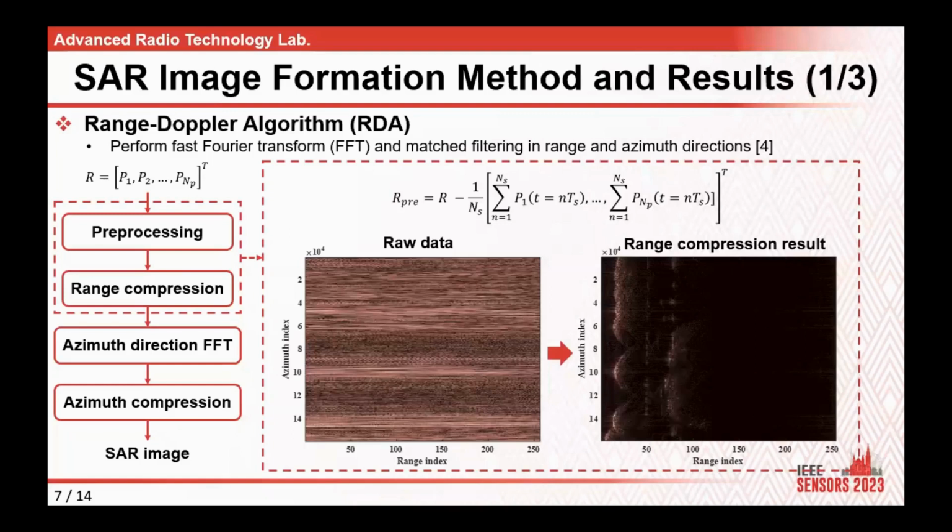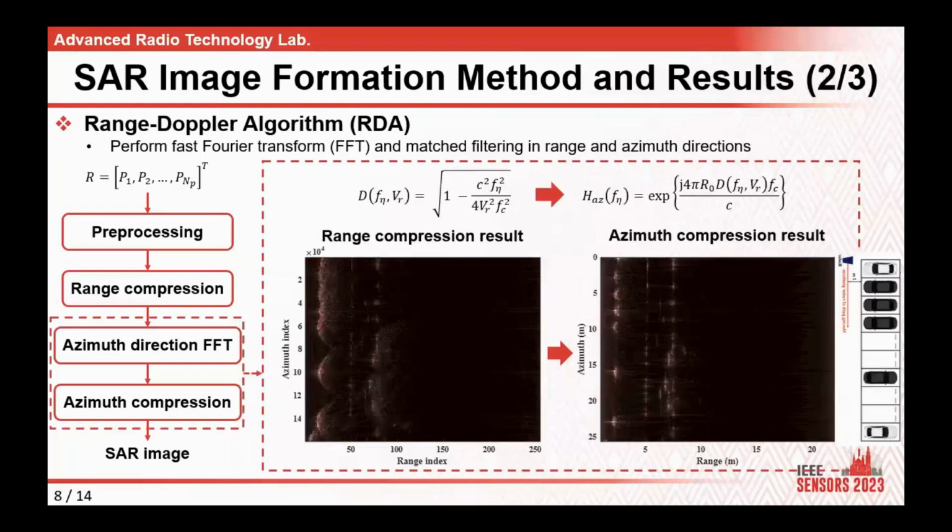And in the preprocessing step, the average of each range axis is subtracted to remove the direct current component. Afterwards, through the fast Fourier transform on the range axis, the range compression result appears as shown in the figure on the right.